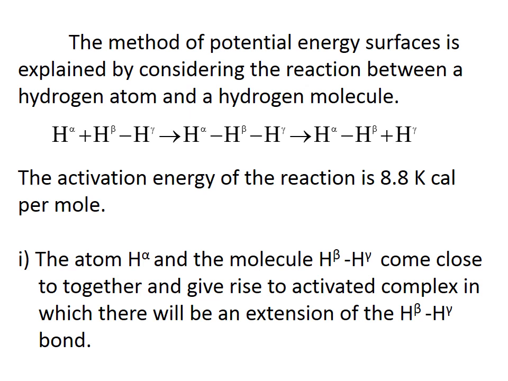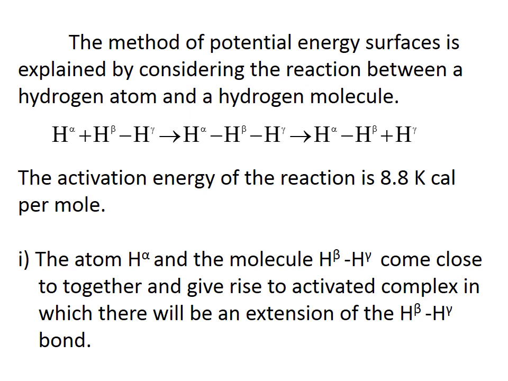The method of potential energy surface is explained by considering the reaction between a hydrogen atom and a hydrogen molecule. H alpha atom plus H beta H gamma molecule forms the activated complex H alpha H beta H gamma, and gives a molecule H alpha H beta plus H gamma atom.